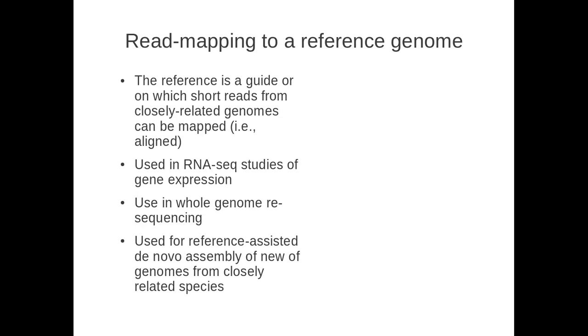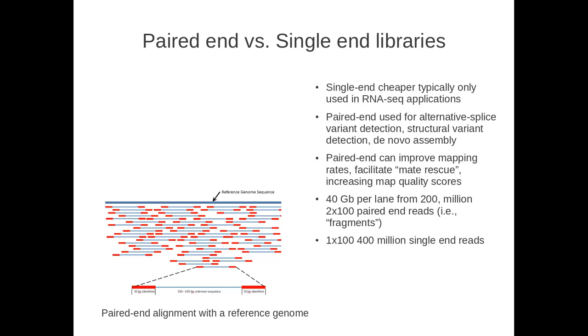The reference can also be used for what we call reference-assisted de novo assembly, where we're de novo assembling a species for which we have a moderately close genome, but not closely enough related that you can use it as your typical backbone for mapping. There are many other applications. These are just some broad categories, and we'll come back to them in the next lecture in a bit more detail.